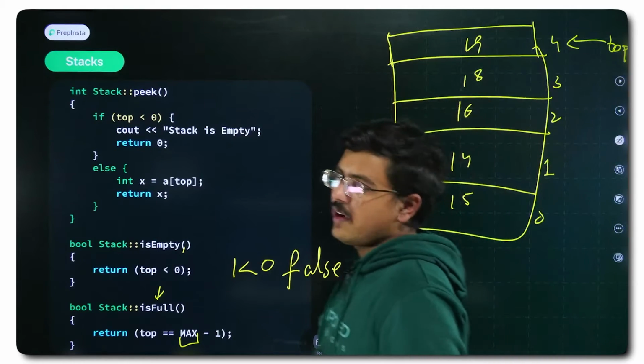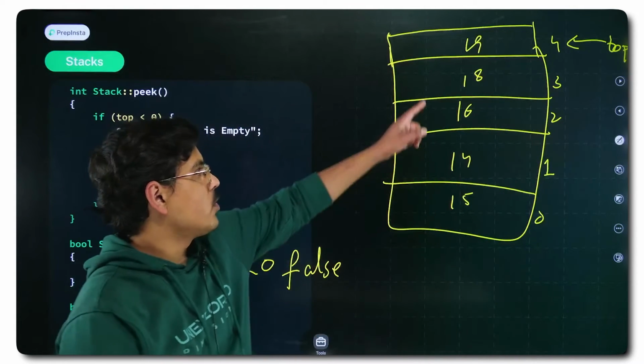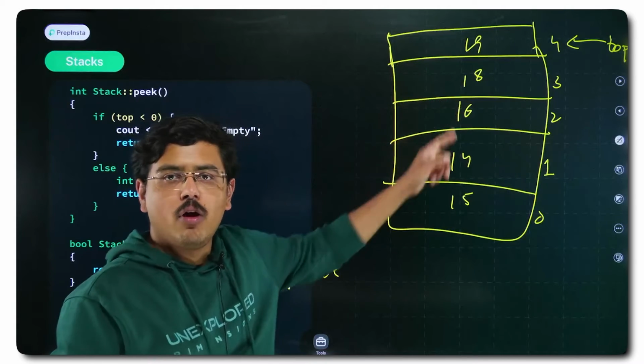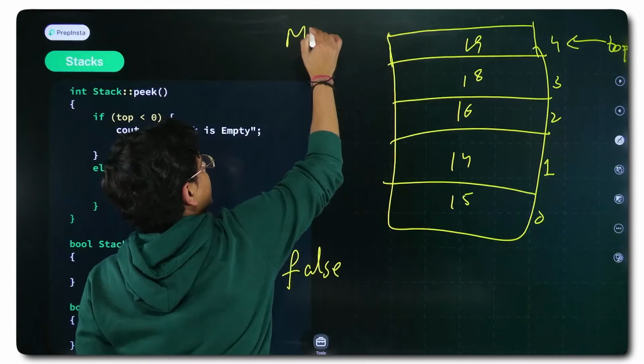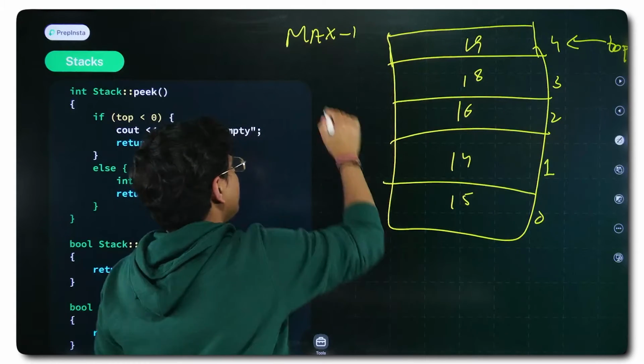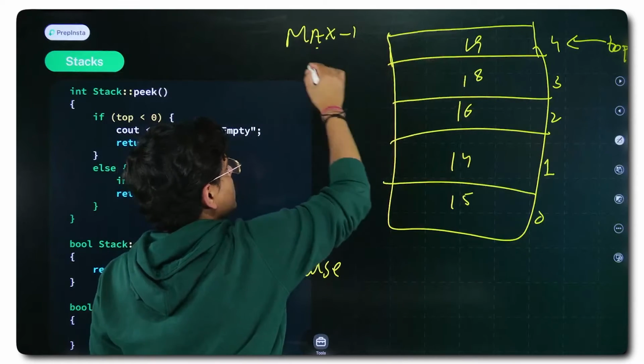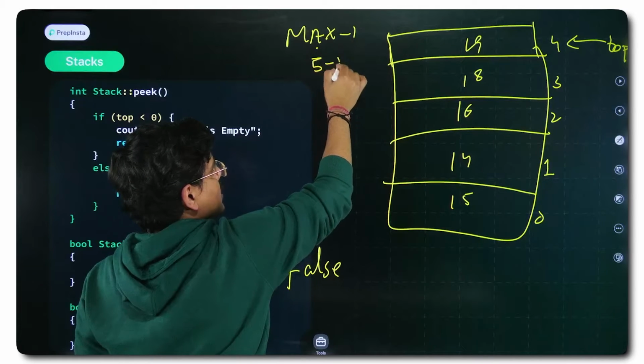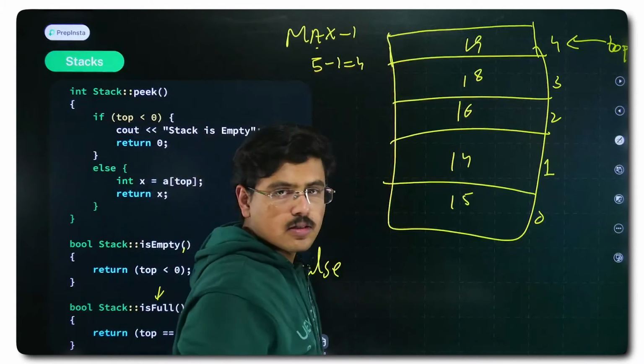So this final index, the topmost index where the stack will become full, is actually max minus 1. If the size of the stack is 5, then max is 5, and the topmost index would be max minus 1, which is 5 minus 1, which is equal to 4, which is this index, right?